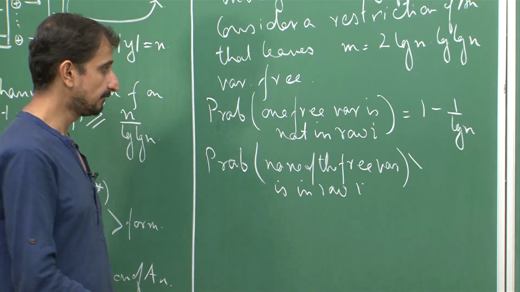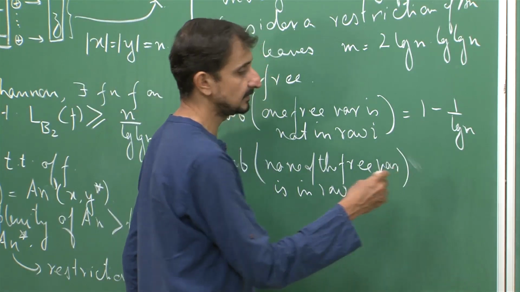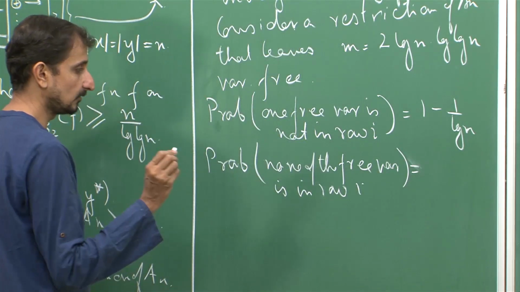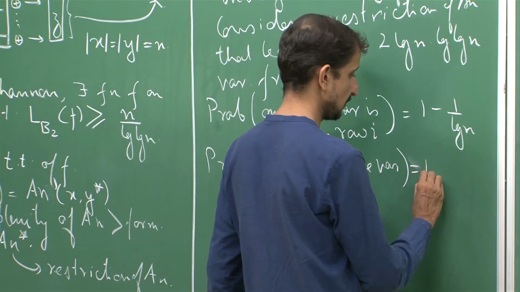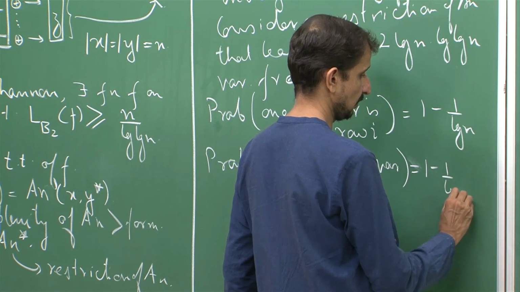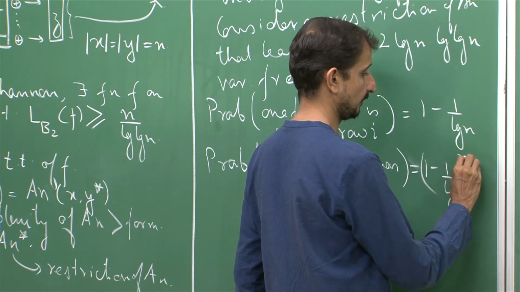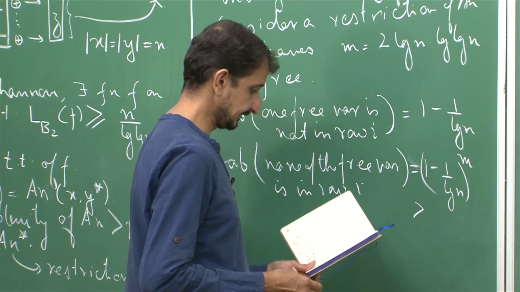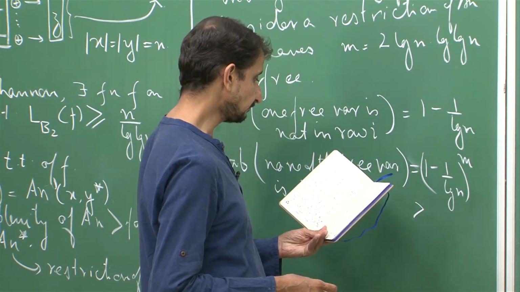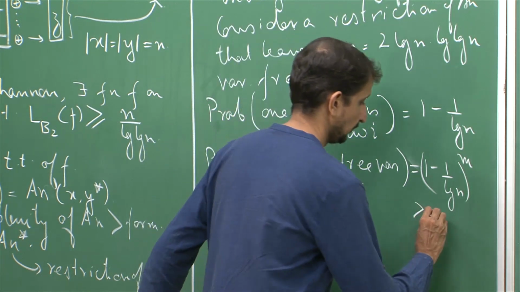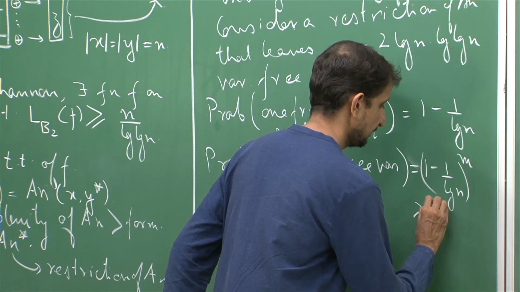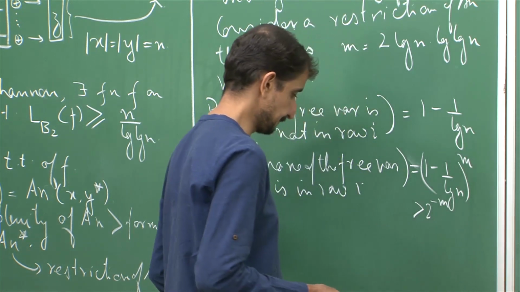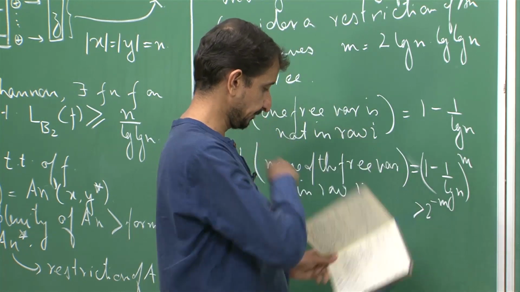For all m free variables, since the variables are chosen independently, the probability that none of them is in row i is (1 minus 1 over log n) to the power m, and this quantity can be shown to be greater than 2 raised to the power minus m by log n.